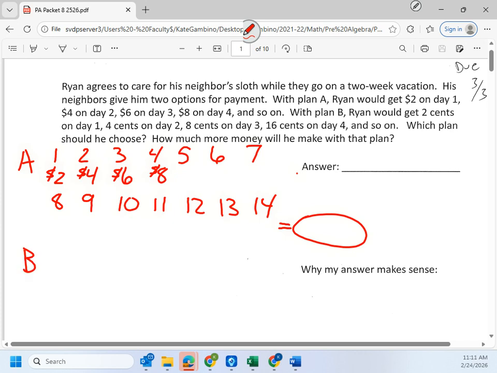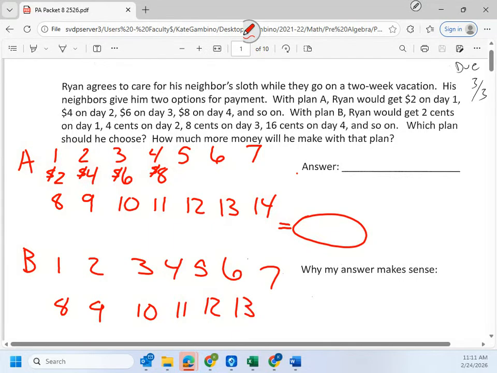Plan B: Ryan would get 2 cents on day 1, 4 cents on day 2, 8 cents on day 3, 16 cents on day 4, and so on. So I'm going to do the same thing. I'm going to number out my 14 days.